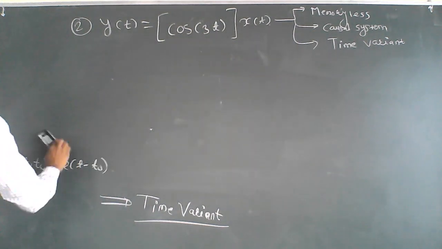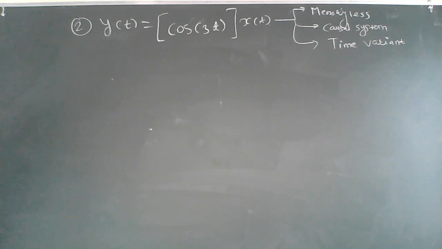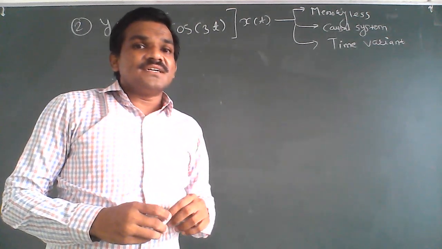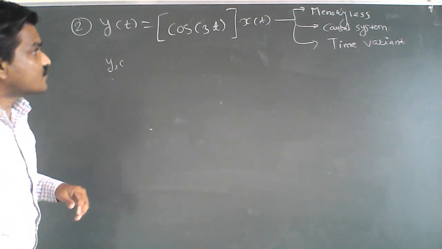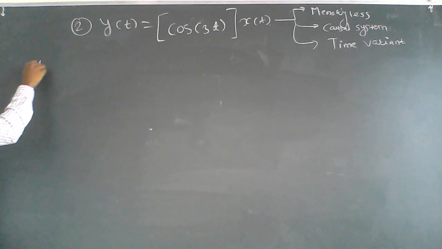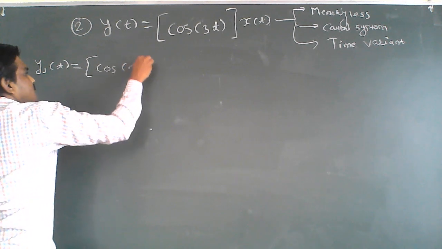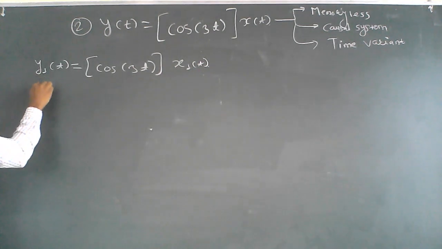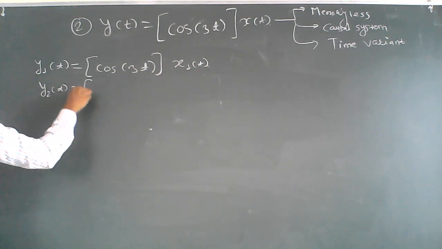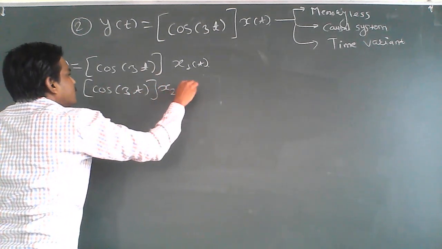A system is said to be linear if it satisfies the homogeneity and additivity properties, or it satisfies the superposition principle. So now let us consider the outputs. y1 of t is equal to cos of 3t times x1 of t, and y2 of t is equal to cos of 3t times x2 of t.